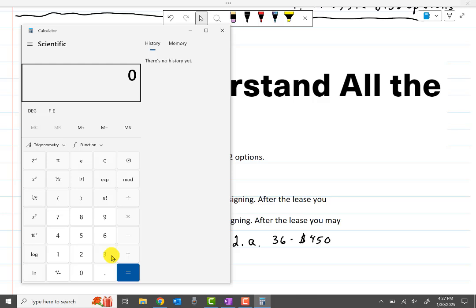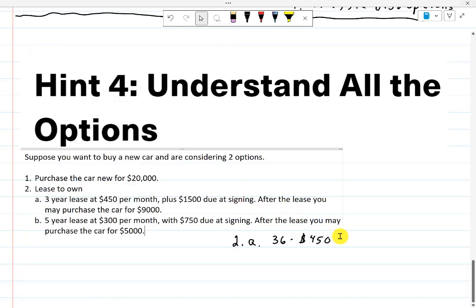So we're going to do 36 times 450, 16,200. So let me get that in. Now, we also owed $1,500 at signing, and then you could buy the car for $9,000.